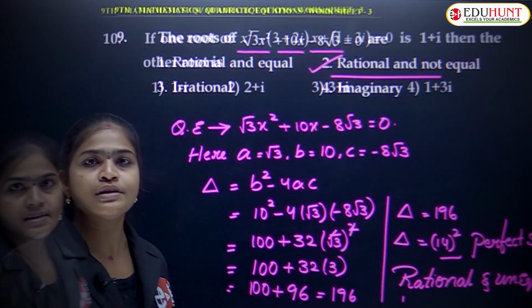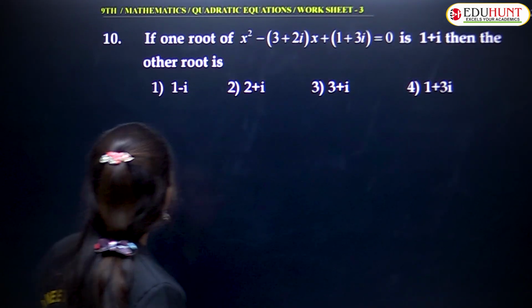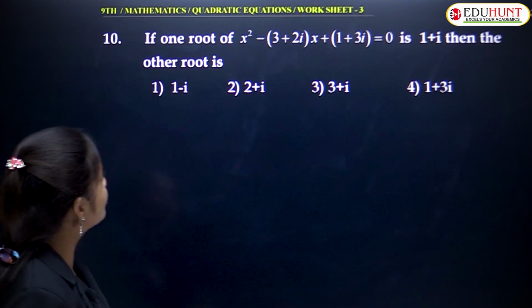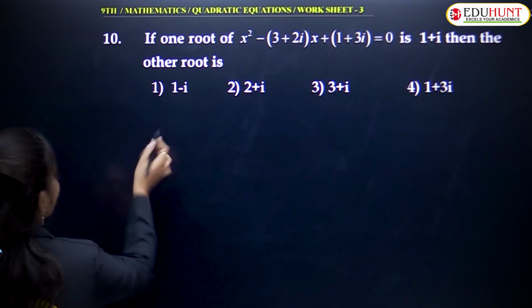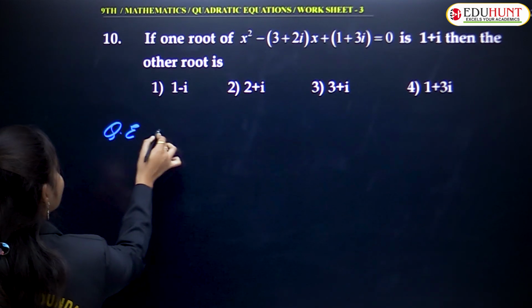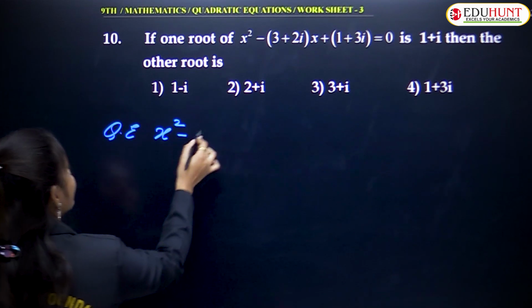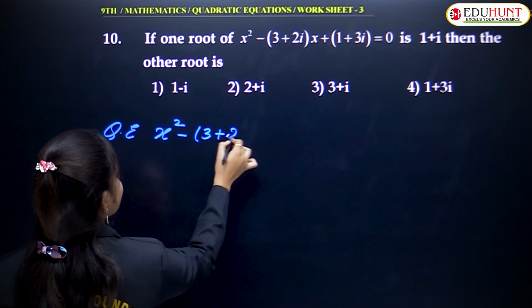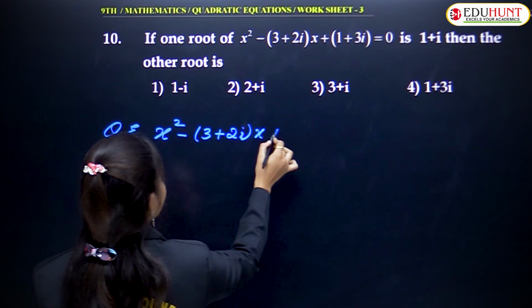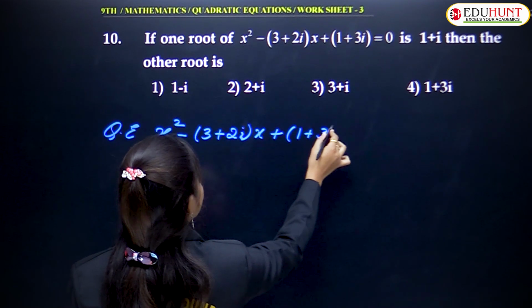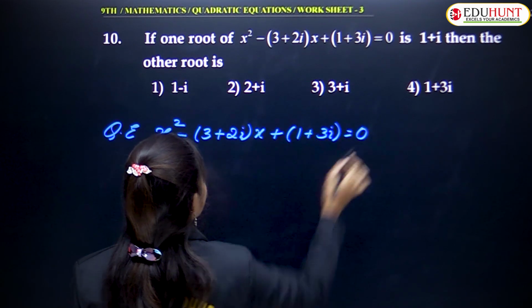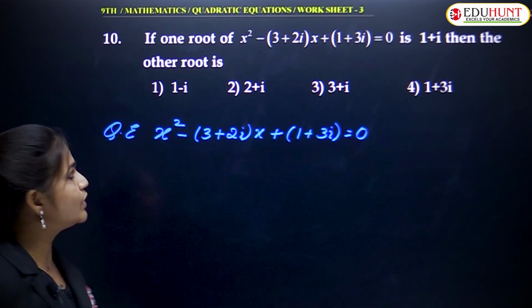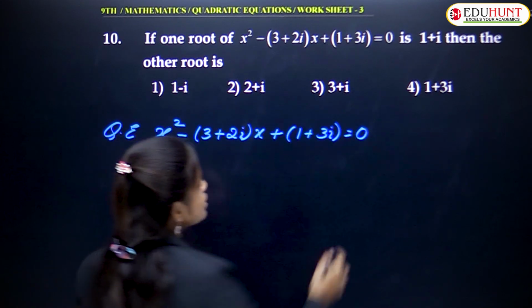Am I clear, children? So next see the 10th question. Here, what is the given quadratic equation? x square minus (3 plus 2i) into x plus 1 plus 3i is equal to 0. So this is the given quadratic equation, and here a root is also given.